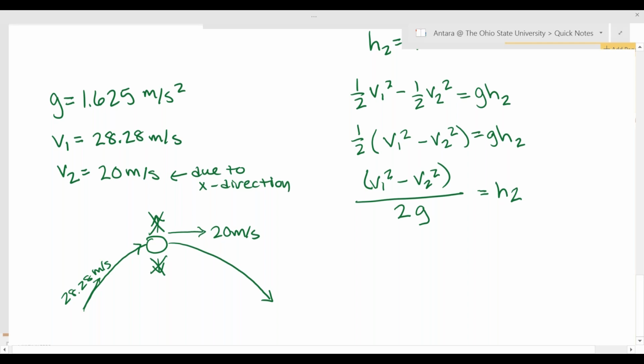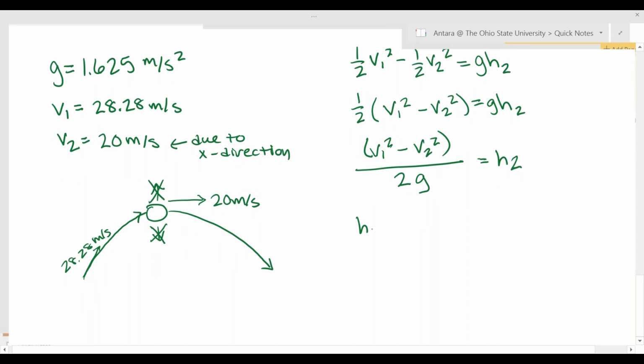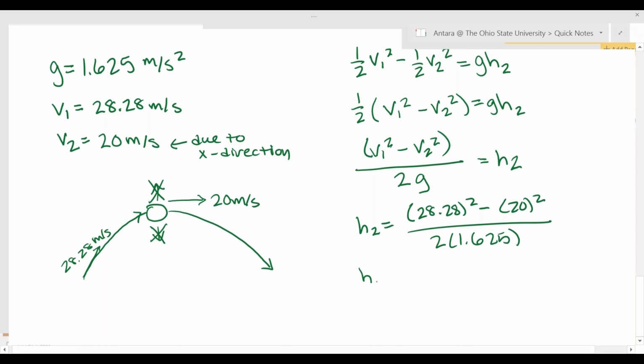So we have all our components, and we can go ahead and plug these in. So we have 28.28 squared minus 20 squared over 2 times 1.625. We have to remember it's 1.625 because it's the moon. It's less than 1/6 of the gravitational acceleration of Earth.